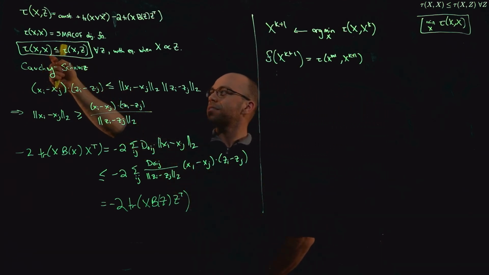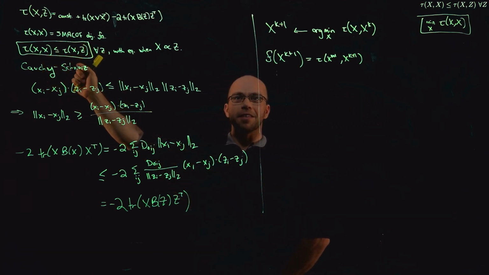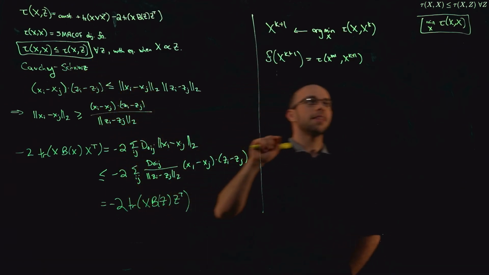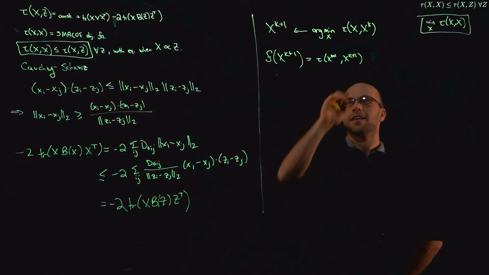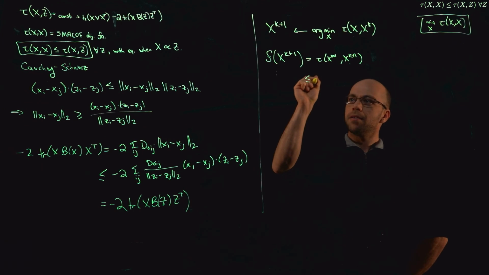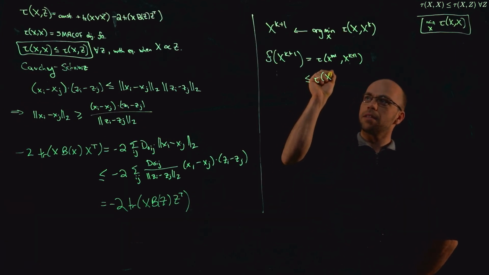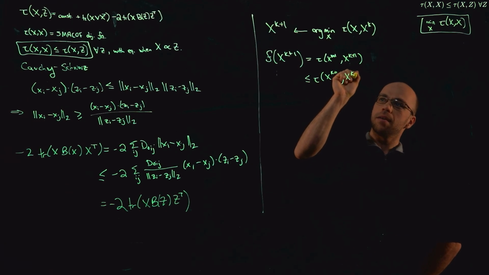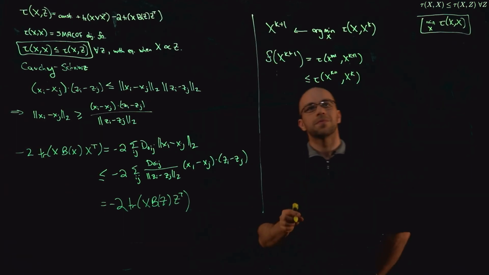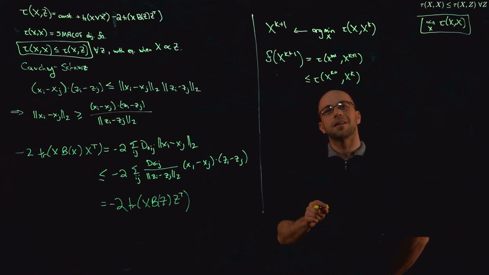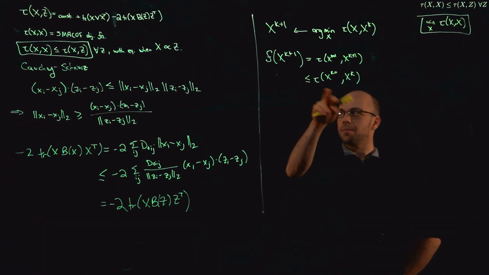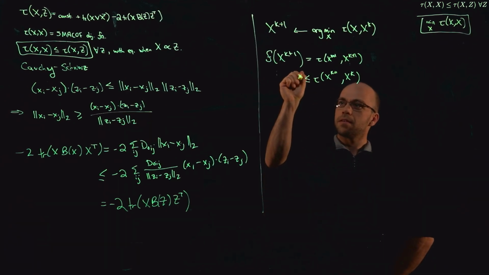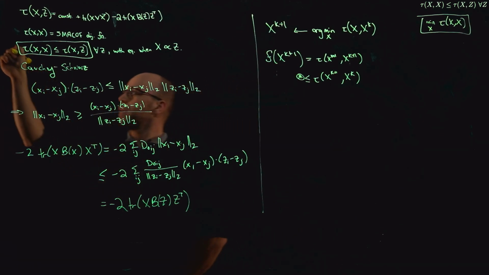So tau of x comma x is less than or equal to tau of x comma z for any z. One thing we can do is choose z equal to xk. And what we've shown is the following. This is xk plus 1, xk. Okay, so again, what did I do here? I just computed this upper bound based on the lemma that we proved earlier.